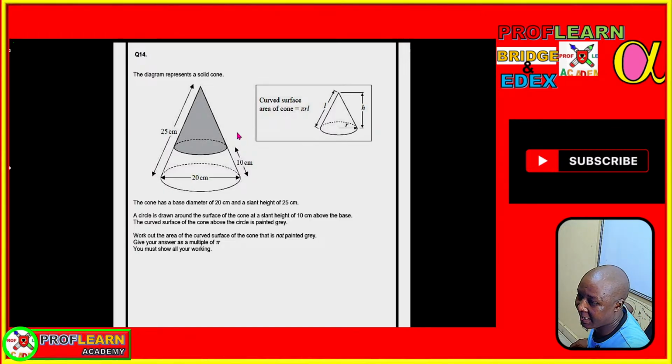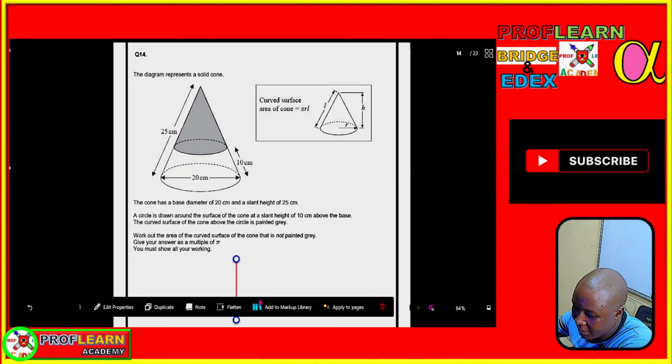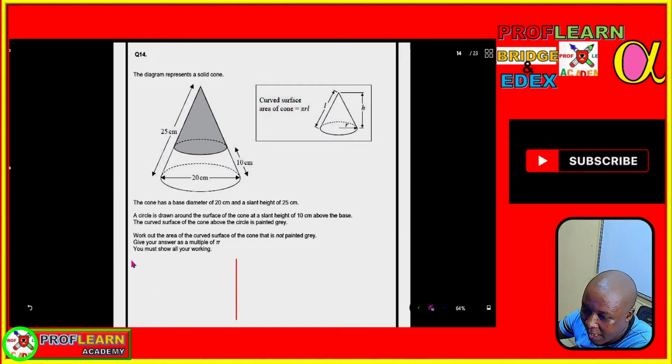Pi r l, that is the curved surface area. So we are going to use scale factor, because I want to know the diameter for this small cone.